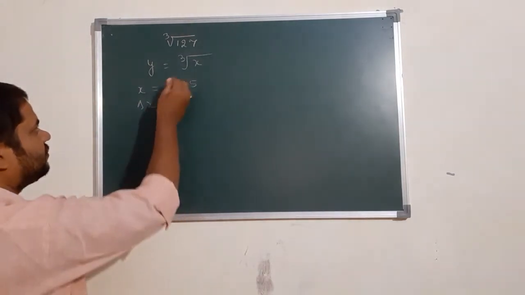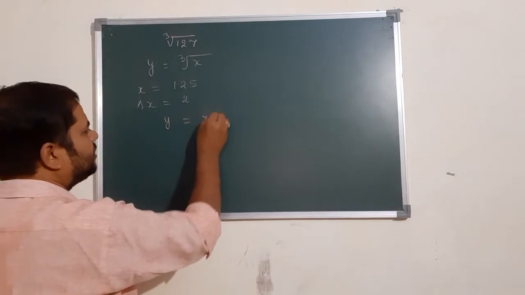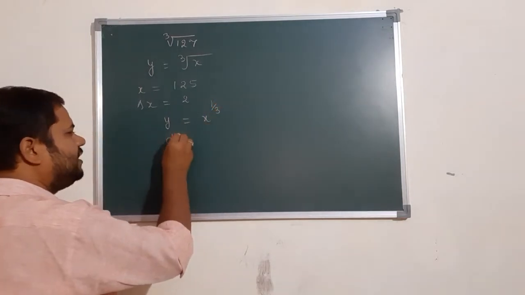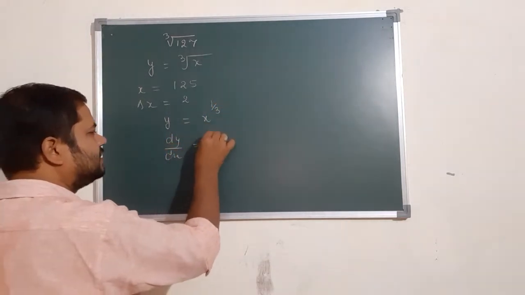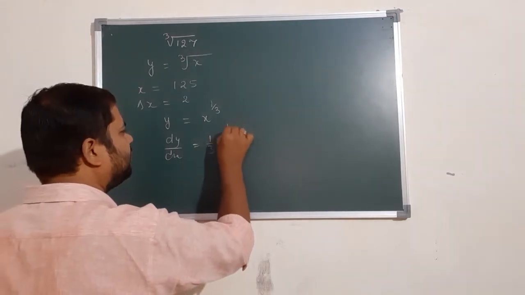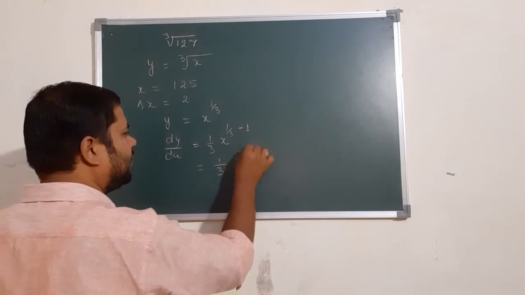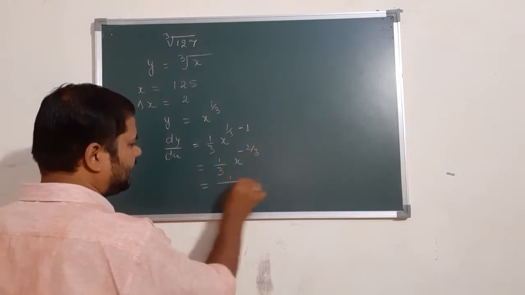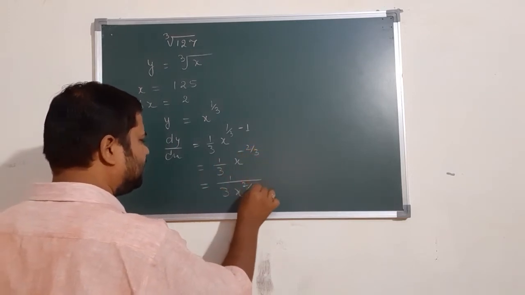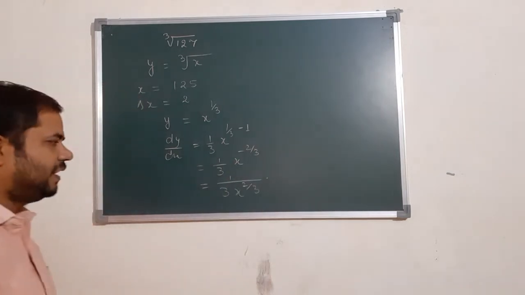Now y is equal to x to the power 1 by 3, so first you find dy by dx. This is 1 by 3 x to the power 1 by 3 minus 1, so this is 1 by 3 x to the power minus 2 by 3, so we can write it as x to the power 2 by 3. Understood?